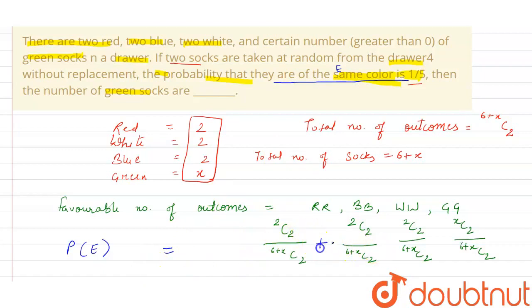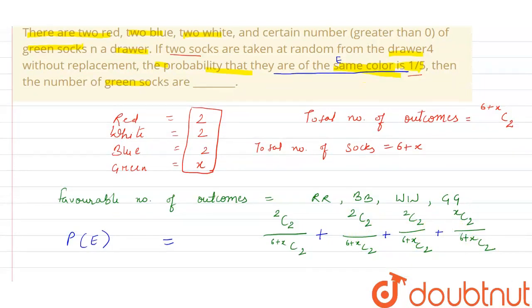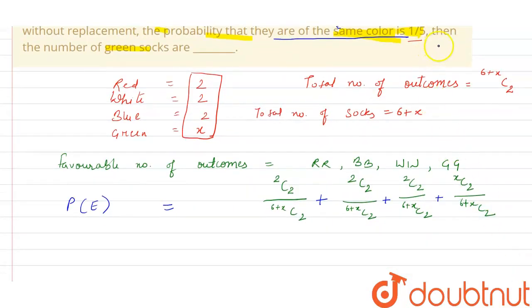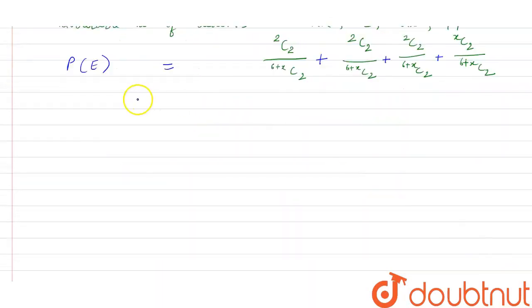So if we add these probabilities, then we are given that this is equal to 1 upon 5, right? So for solving this, 1 upon 5 is equal to the sum of these probabilities. 2C2 will be equal to 1 only, so this will be 1 upon 6 plus X C2.